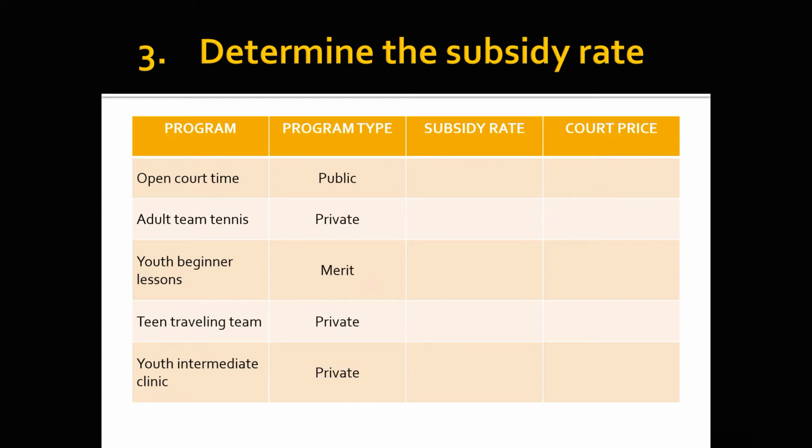So in this case, the open court time is viewed as public because it benefits everyone, and it provides recreation and health for anyone who wants to be able to do tennis. The adult team tennis is private because it is only benefiting the adults who are participating in this.